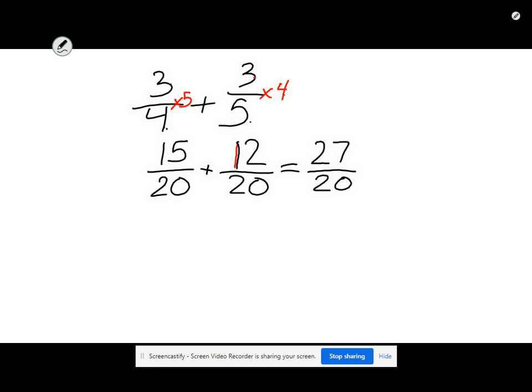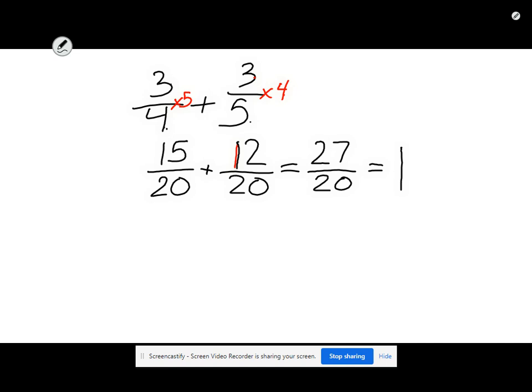How do I make 27/20ths proper? Anthony. I need to see how many times I can take that 20 out of 27. I can take it out one time. 27 minus 20 has how many as a remainder?